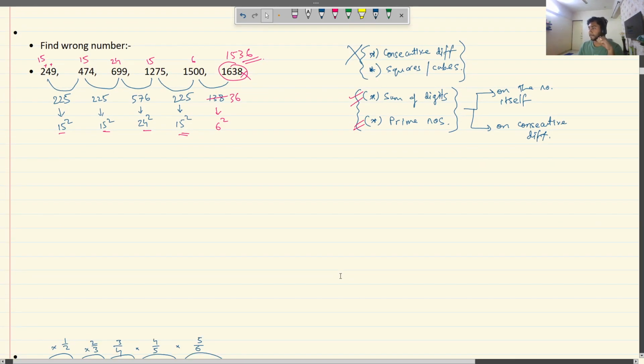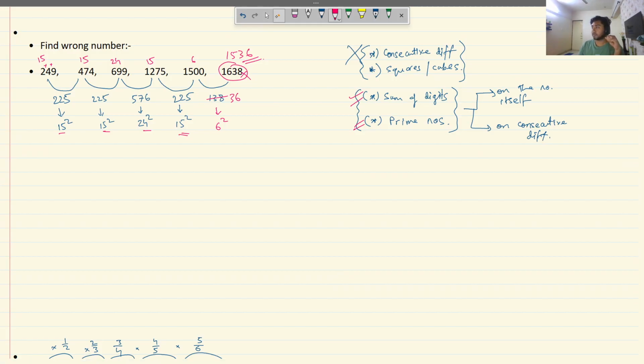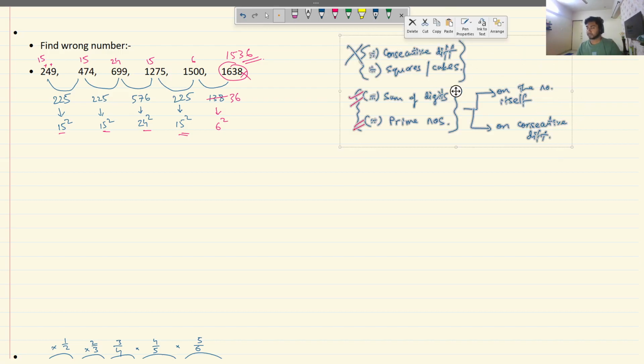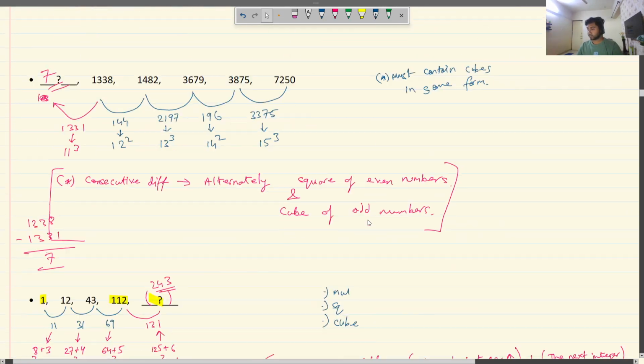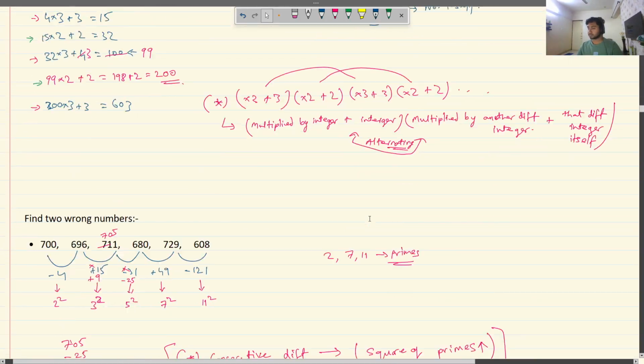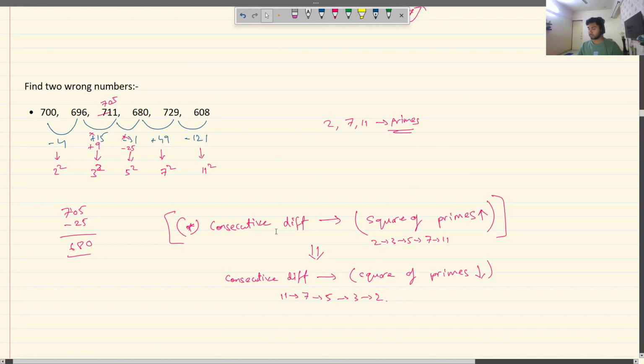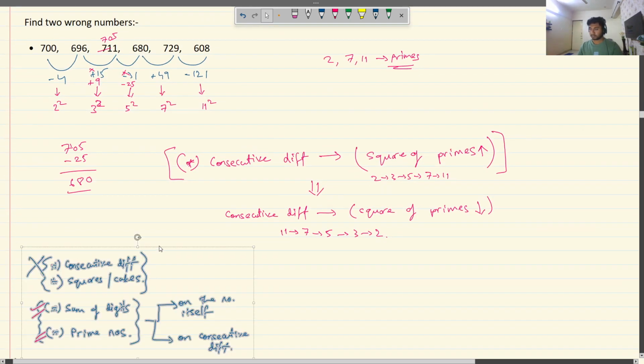Yeah, in this question, this is what I had said earlier, that we have taken the consecutive difference, and they don't make sense, or even if they make sense, we have squares or cubes in the consecutive difference.